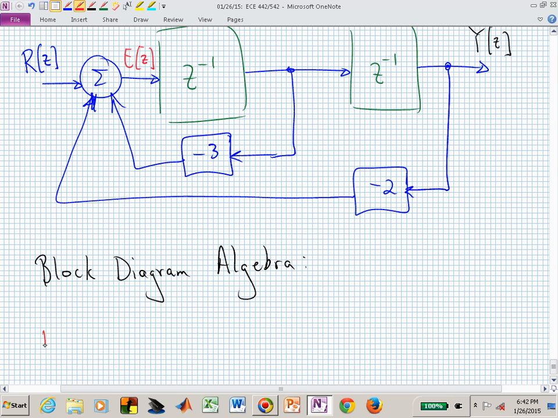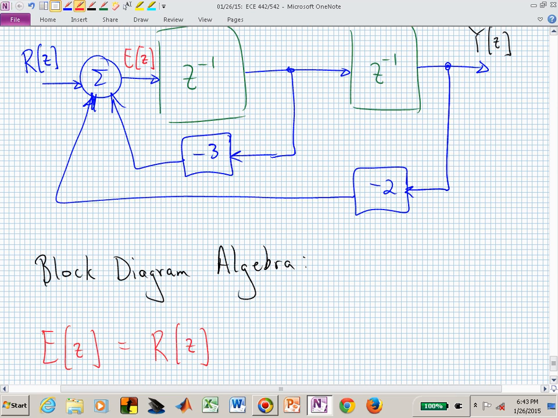I can now say that E of z is equal to all of the inputs going into that summing junction. One of those inputs is just R, capital R of z.